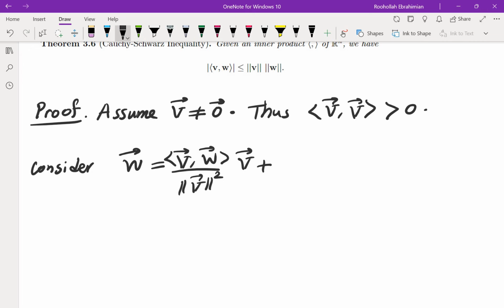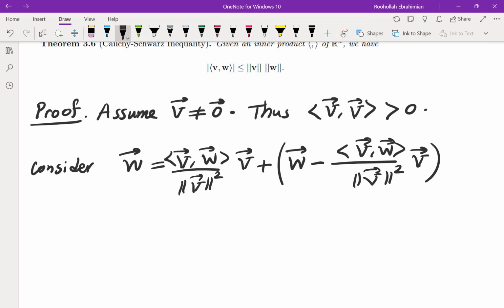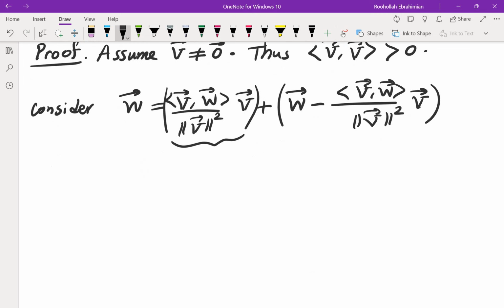This is positive, in fact, by positivity. So consider this plus W minus that quantity, inner product of V and W over norm of V squared times V. So this vector plus this vector. We will show that these two vectors are in fact orthogonal so that we can use the Pythagorean theorem.